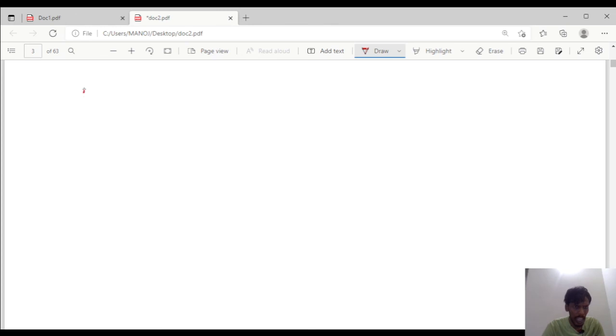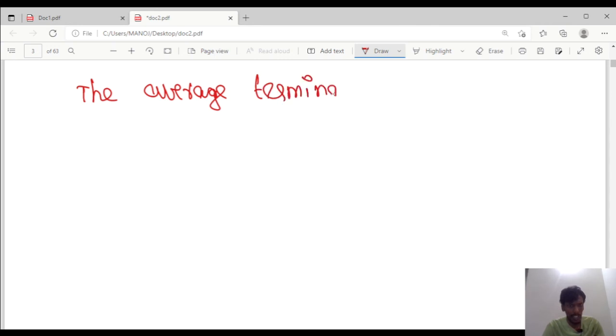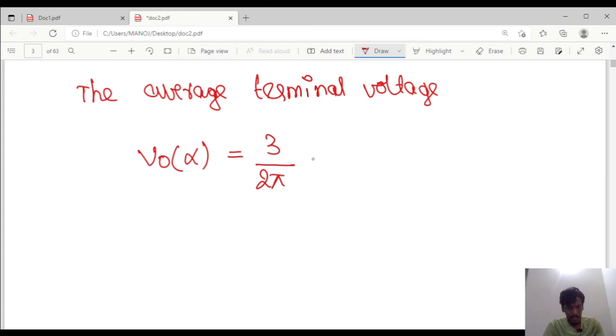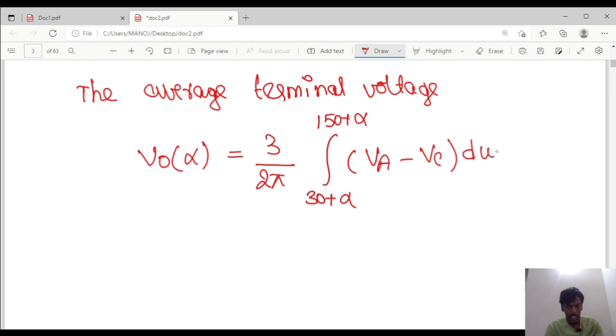The average terminal voltage is known as V naught at an angle alpha, equal to 3 by 2 pi, integrated over the firing angle, where we are considering the boundary conditions from 30 plus alpha to 150 plus alpha, of Va minus Vc, the voltage, d omega t.